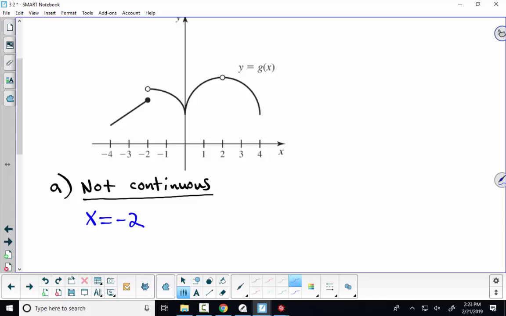The function's defined at -2, but the function doesn't equal the limit, because the limit from the left and right are not the same. And where else? x equals 2. Why is the function not continuous at 2? There's a hole, which means the function is undefined. If you're referring back to the checklist, at x equals -2 it fails item number 2, and at x equals 2 it fails item number 1 in the checklist.